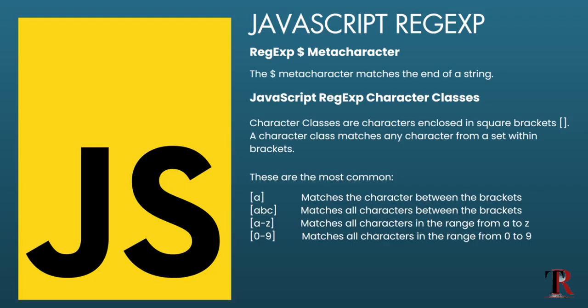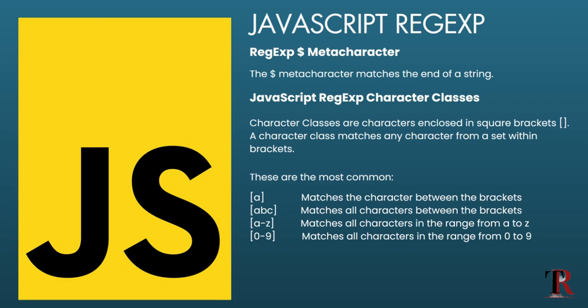So these are the most common regex character classes. We have [a] in brackets, and the description is that it matches the character between the brackets. Then we have [abc]. It matches all characters between the brackets.